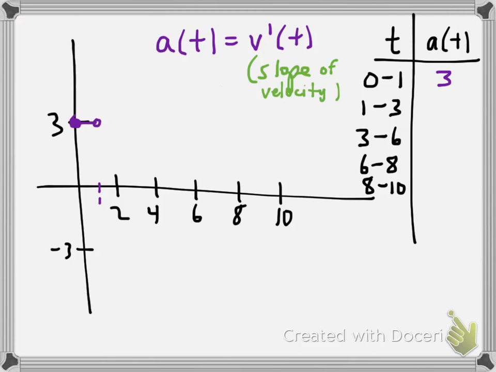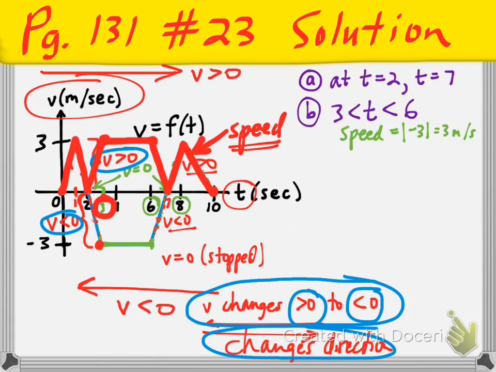I broke down the times in between 0 and 1. We found that in between 0 and 1, the velocity had a slope of 3. If you think back here, the graph of the velocity right here is up 3 and over 1.